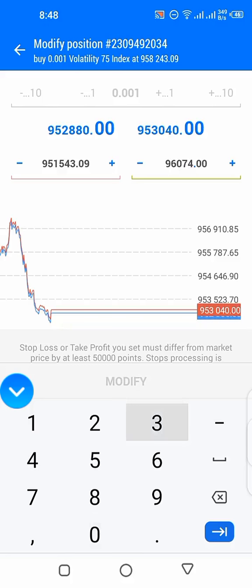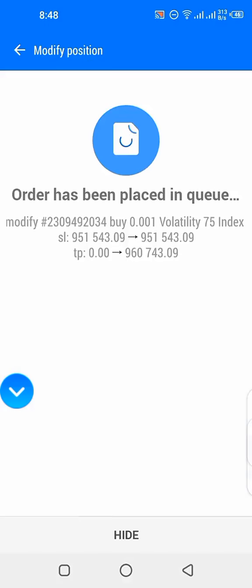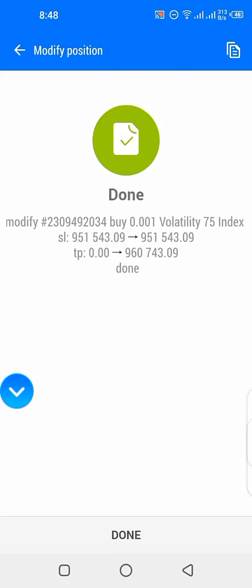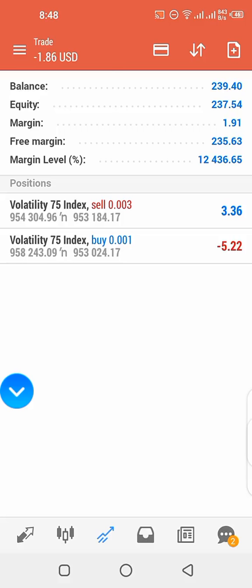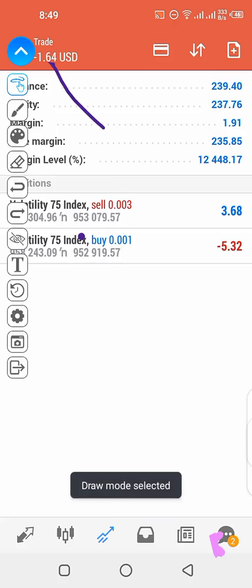I'm setting take profit. Take profit is 2,500 points. Stop loss is 6,620 points. As price approaches break even, my drawdown is expected to reduce.